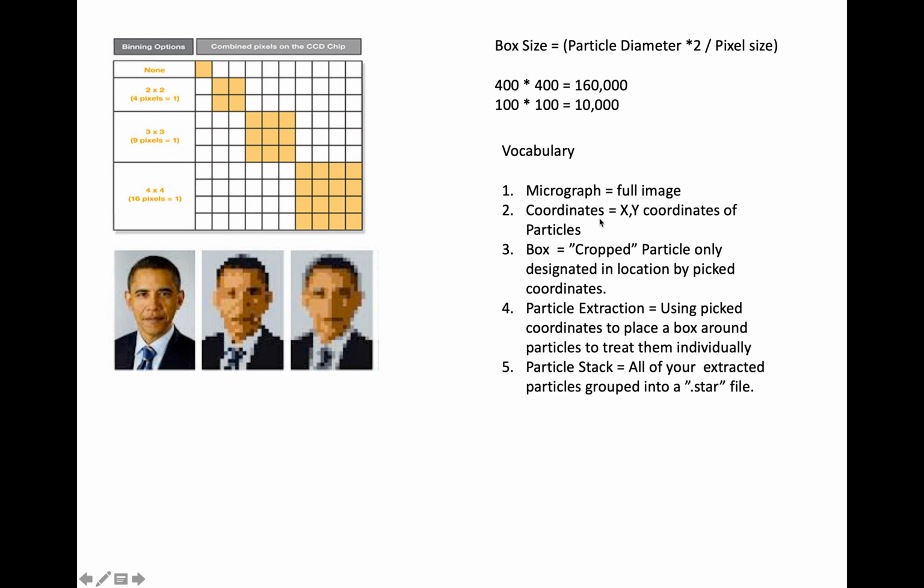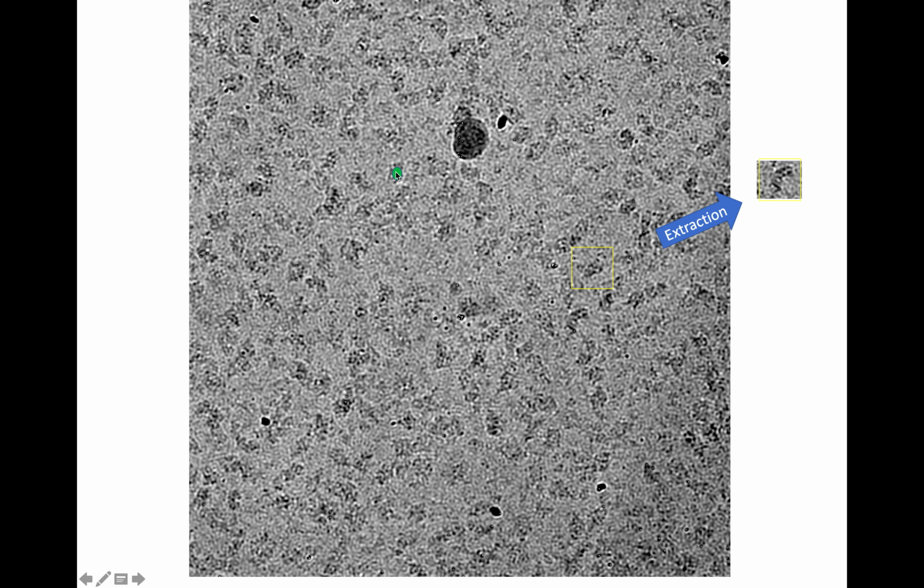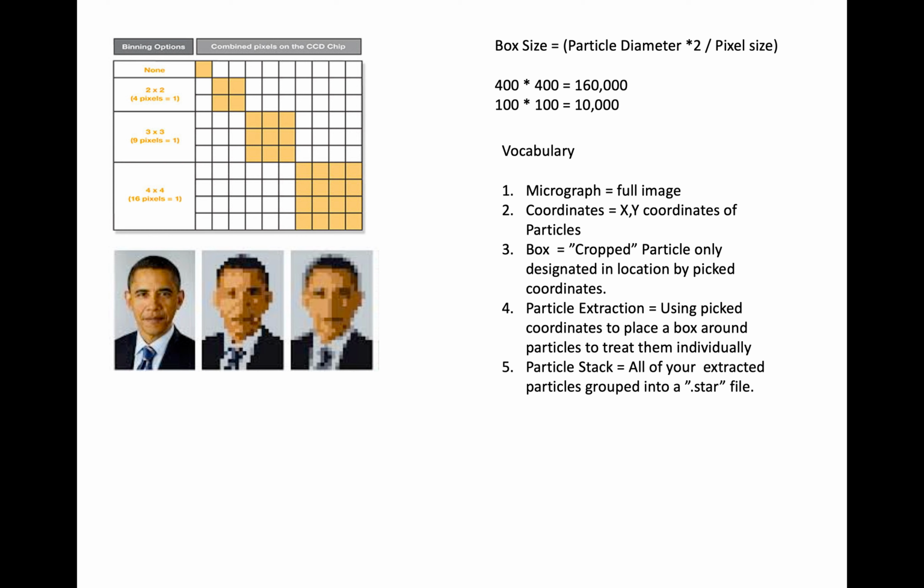When we talk about coordinates, we're talking about the x and y position within that micrograph, represented by this green dot, of individual particles. And when we talk about our box, we're talking about a particular area around that coordinate, which we're going to extract and treat as individual particles.